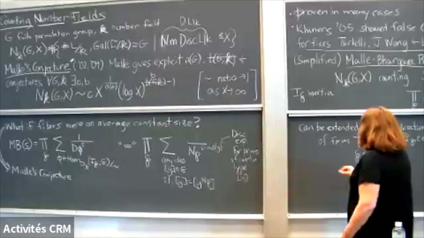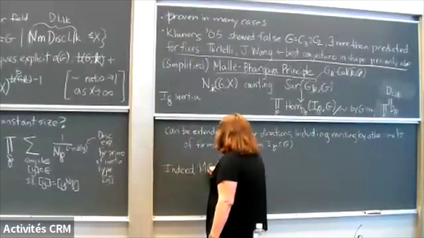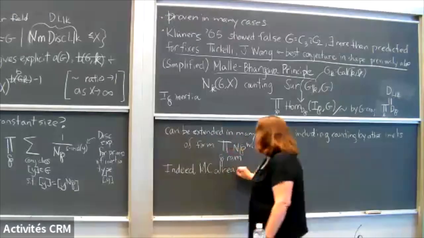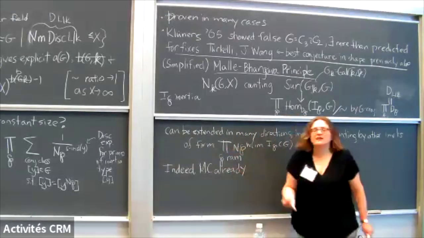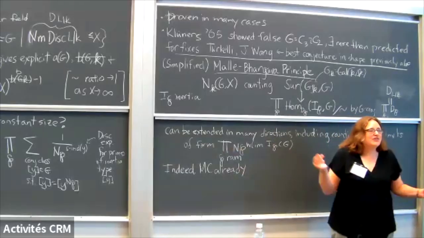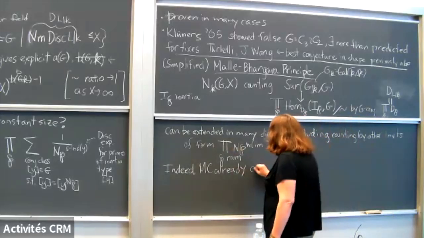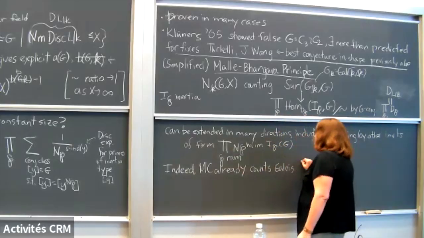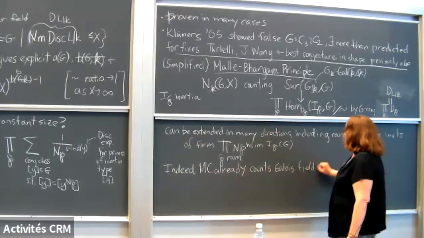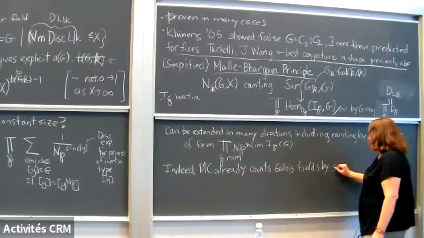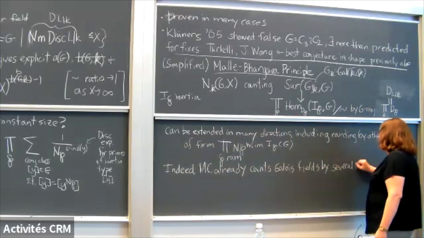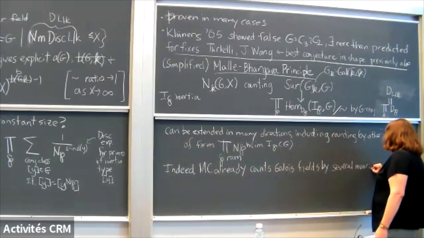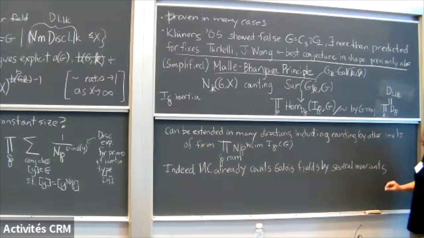So instead of thinking of Malle's conjecture as counting all of these non-Galois fields, you could equivalently say it already counts Galois fields by several invariants, which are all discriminants of subfields that generate the Galois closure.